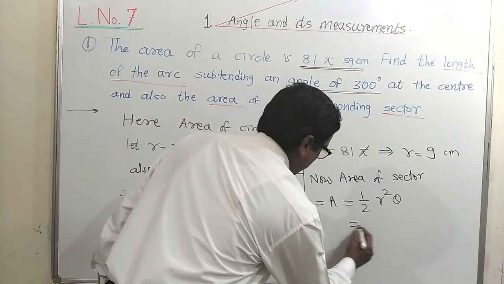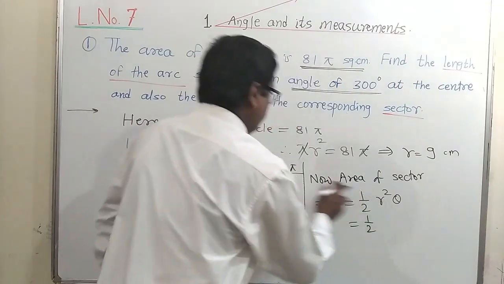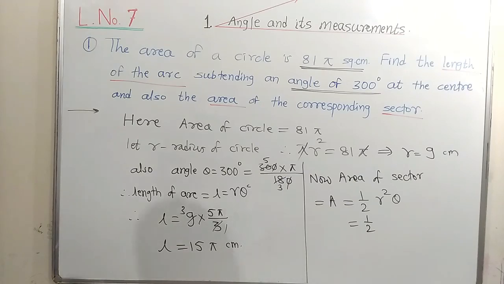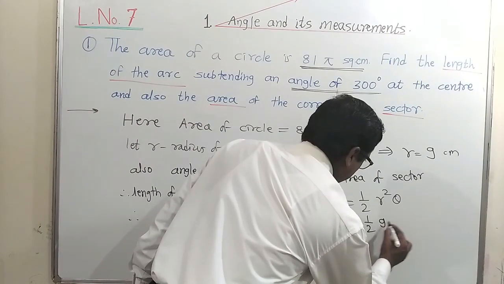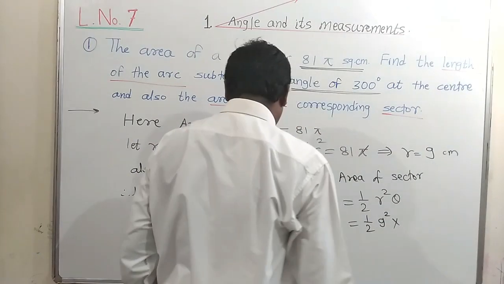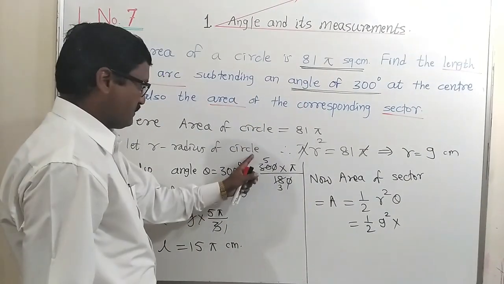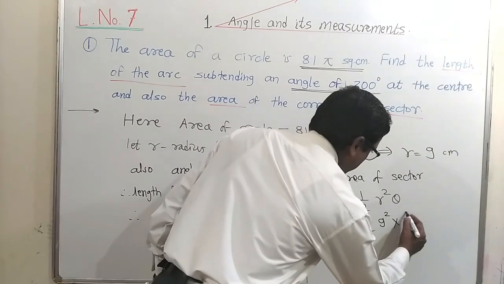So it is equal to 1/2 into 9 square into theta. Theta is 300 degrees, that is once again 5 pi by 3.